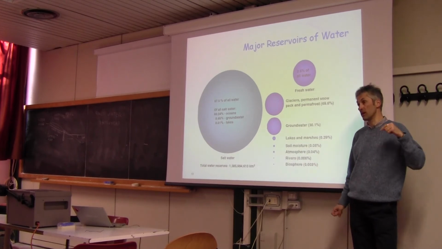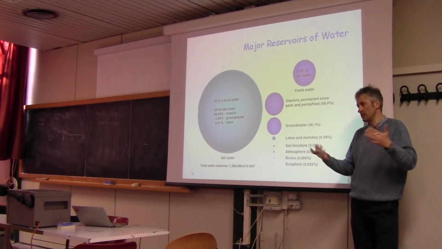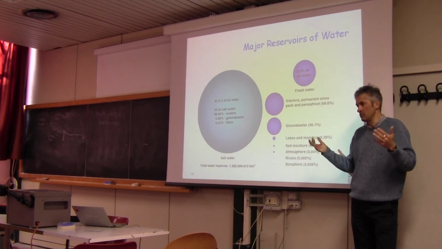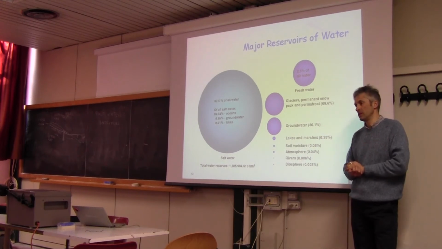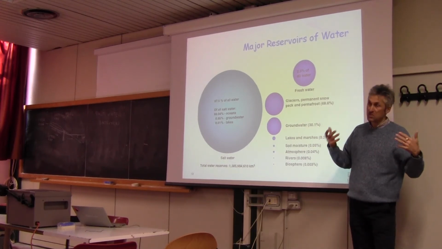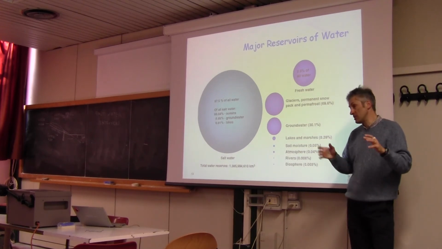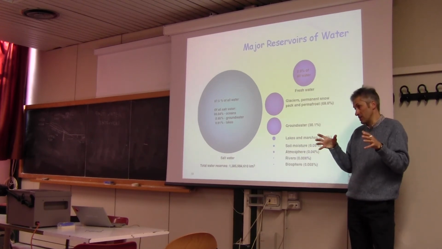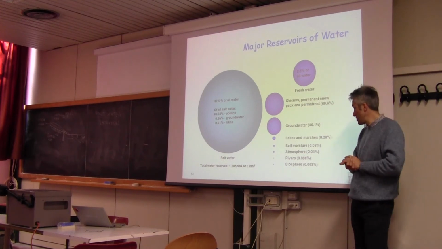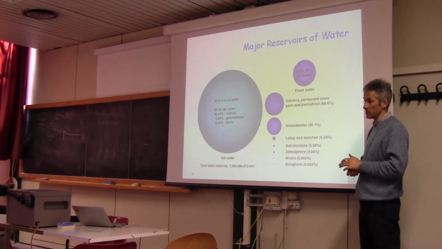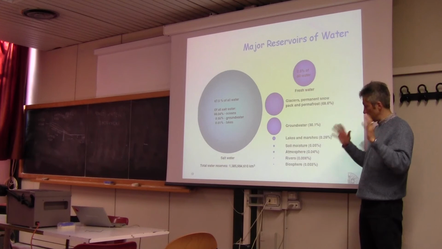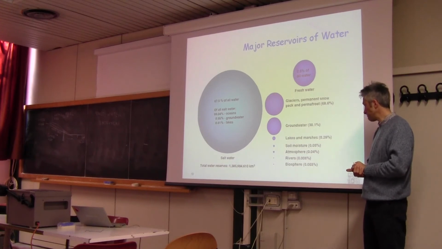They built the cities around the rivers. You can hardly find an old city which is not around a river. Maybe now you can find some cities also in the middle of a desert, but in ancient times, old cities were always built along rivers.